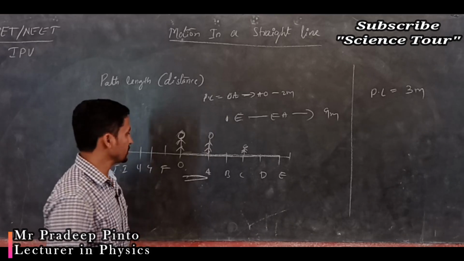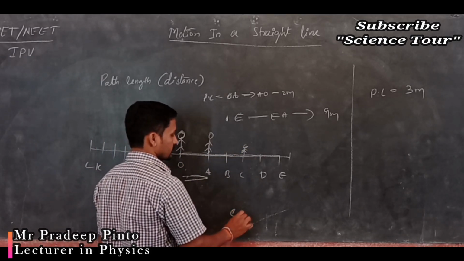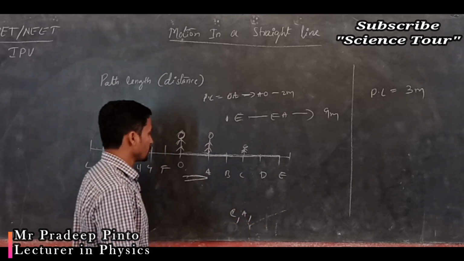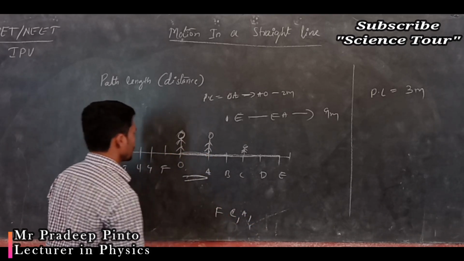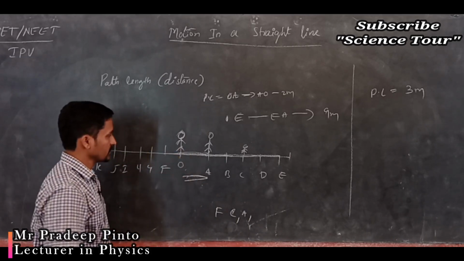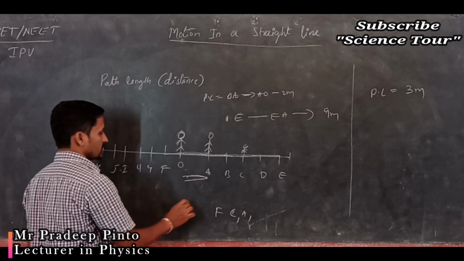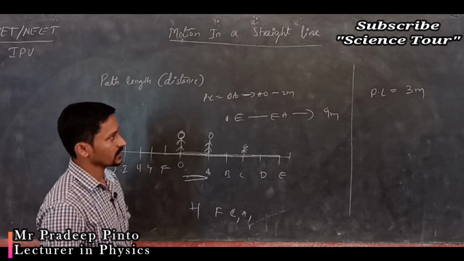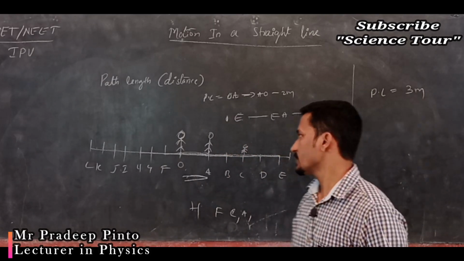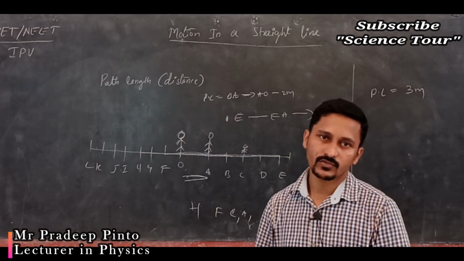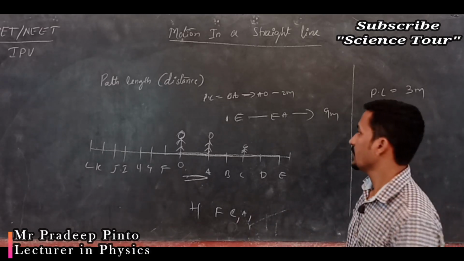But one more person will say 1, 2, 3 at A. And someone says 1, 2, 3 F, because there is no direction. Someone will say 1, 2, 3 GH. Now path length is 3 meters means the position of the object may be anywhere. You can't predict. That is the demerit of the path length.